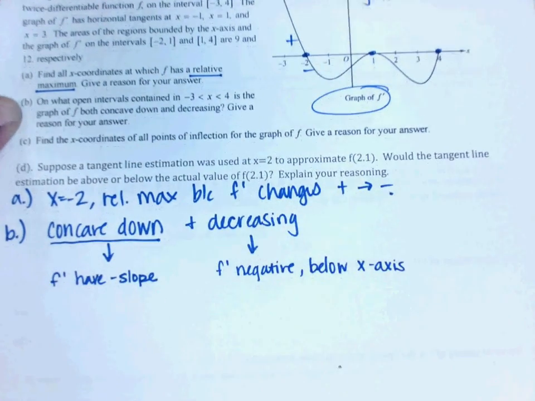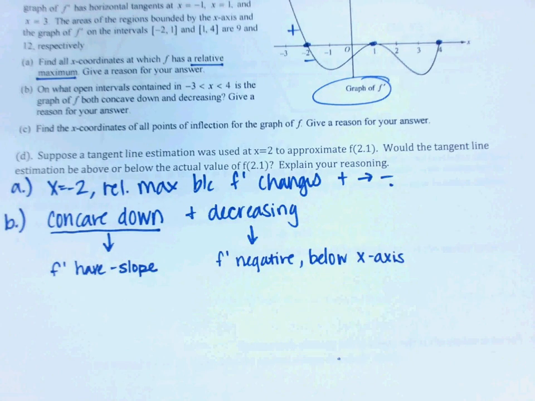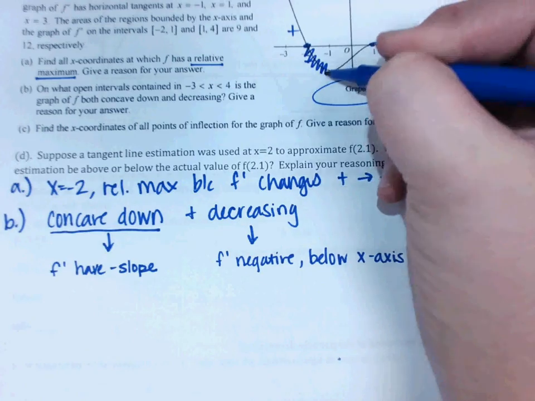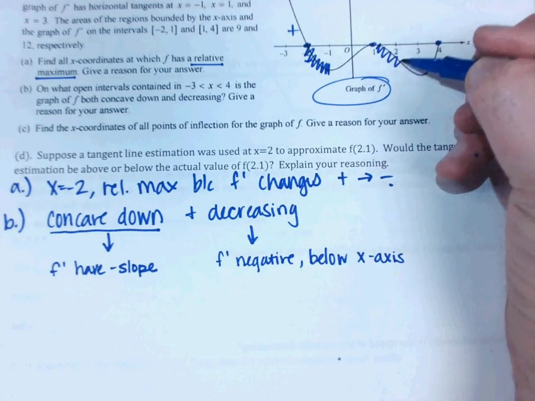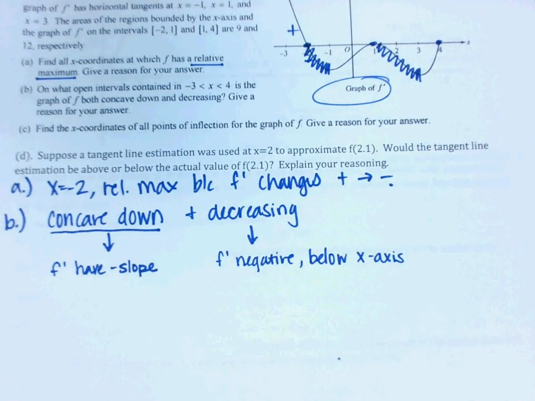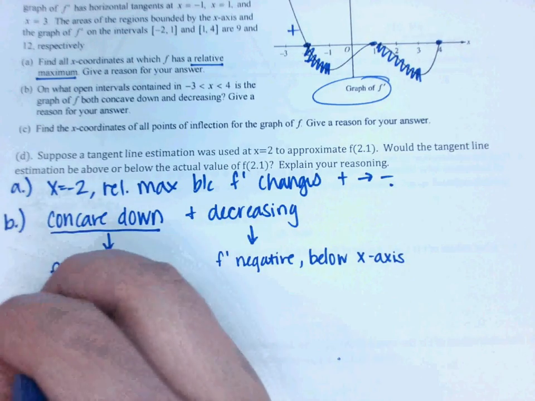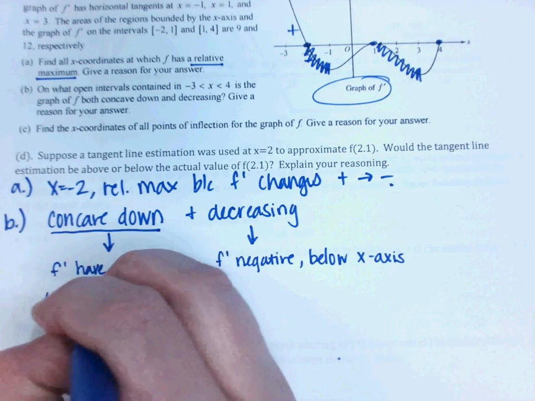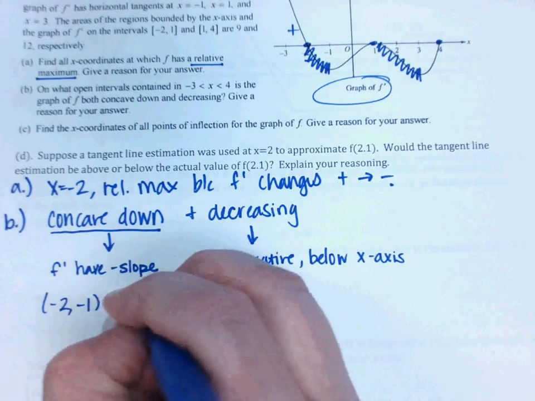Okay, and remember, the reason why is because this is not a graph of f. This is a graph of his little baby f prime. So where does the graph have a negative slope and it's below the x-axis? -2 to -1 and 1 to 3. So I would say from -2 to -1, union 1 to 3.